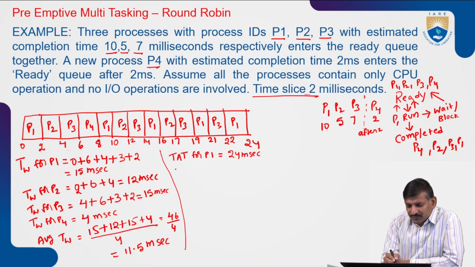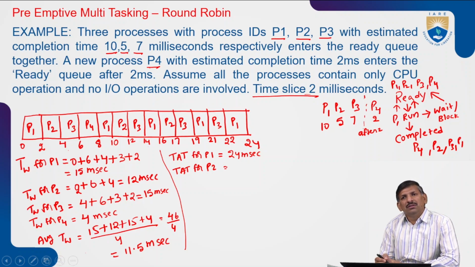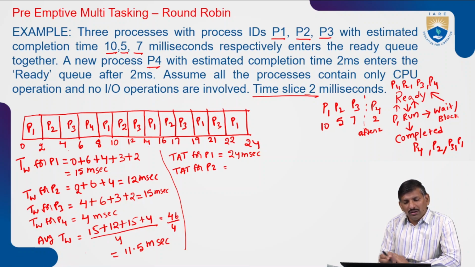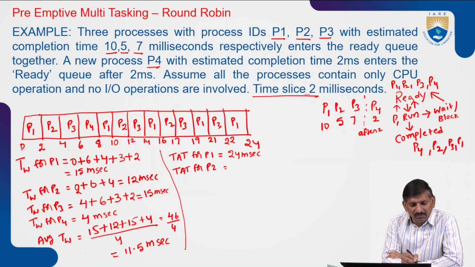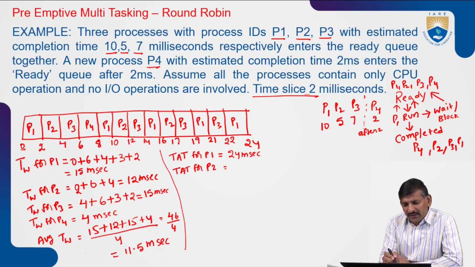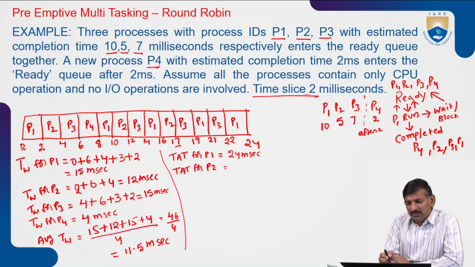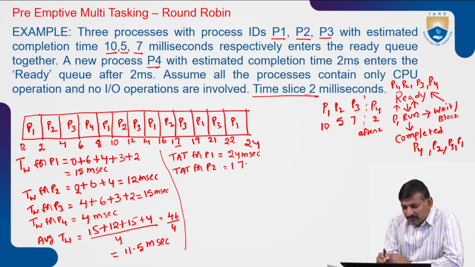Next, turnaround time for process P2. P2 entered the ready state at time 0. Its execution is completed at the 17th millisecond. So totally 17 milliseconds.